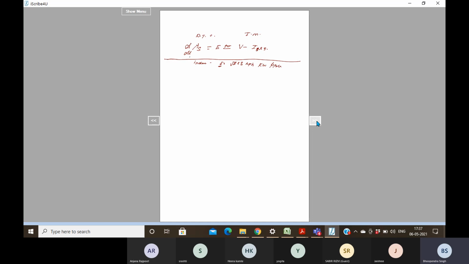So if the rate of change of flux linkage is the induced EMF, then flux linkage must be the integral of induced EMF. Very simple, very basic. And induced EMF is voltage minus Rs Is.